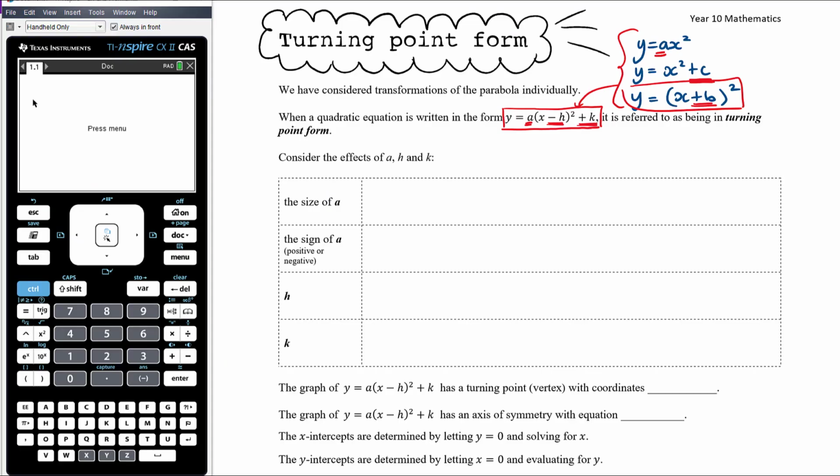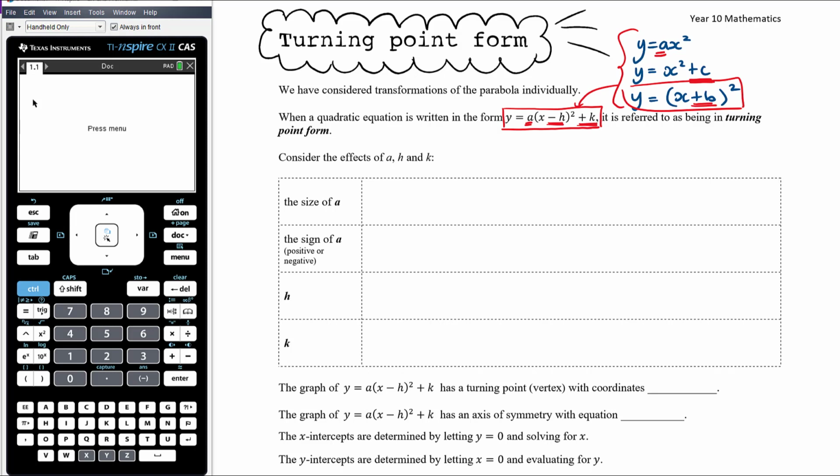Okay, so let's just summarize what we know about a and h and k in this turning point form. So the size of a, not ignoring whether it's positive or negative, but just whether it's a 3 or a 5 or a 7, regardless of whether it's positive or negative, that value. The size of a has the effect of dilating the graph from the x-axis.